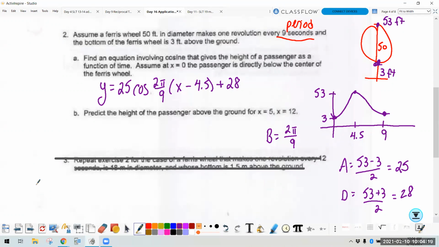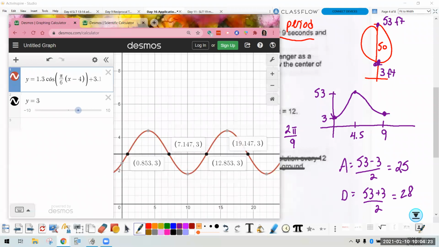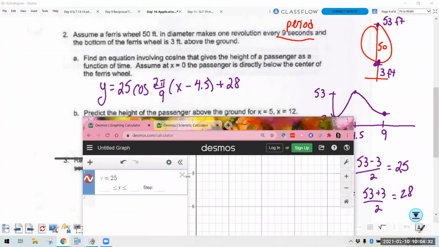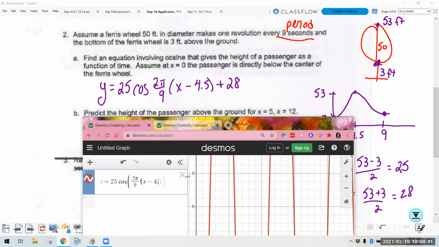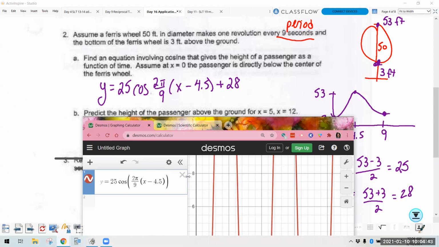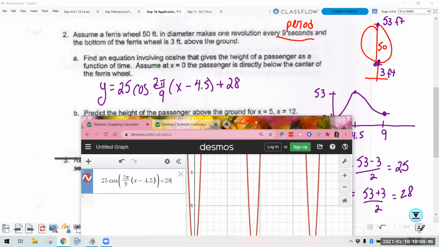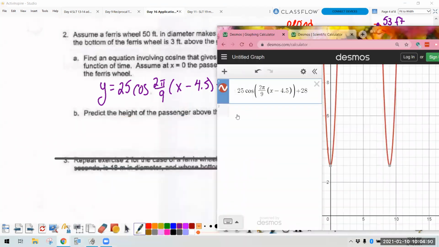Okay, predict the height when time is 5 and 12. Get out our handy calculator here. We got 25 cosine 2 pi divided by 9, x minus 4.5, plus 28. All right, let's see if I can use my table correctly this time.